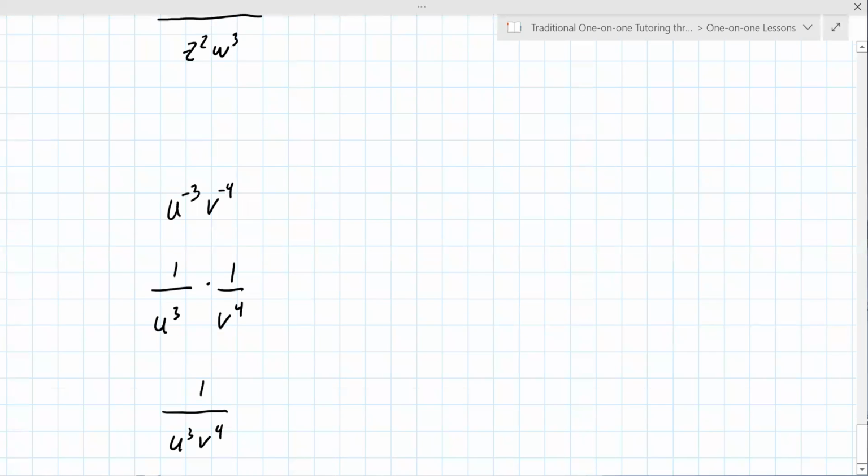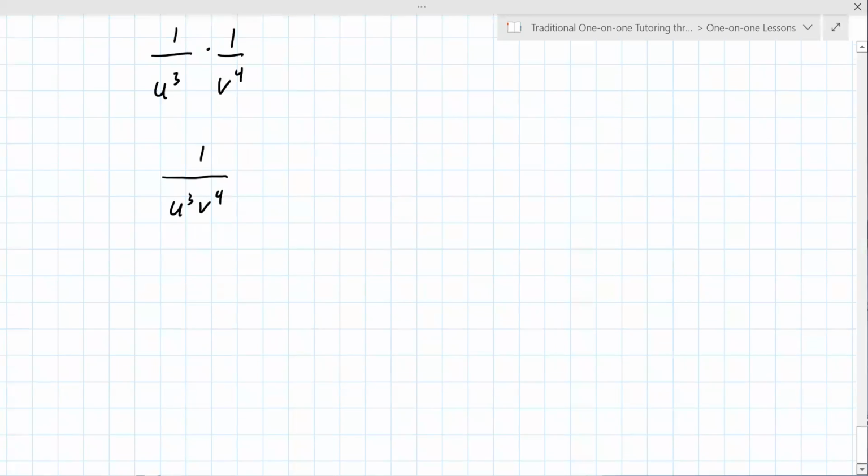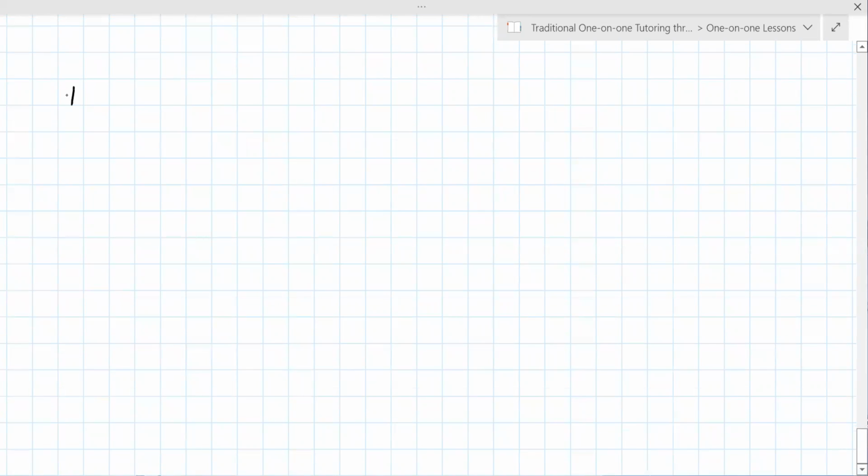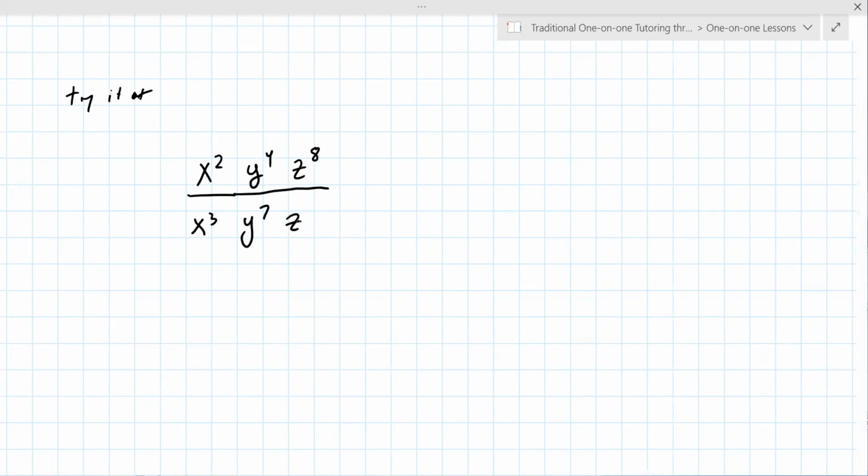Okay, so I'm going to have you try a new problem here. This is a try it out. Let's say it's x squared over x cubed, y to the 4th over y to the 7th, z to the 8th over z in the bottom here. So let me know what you come up with for a final answer.